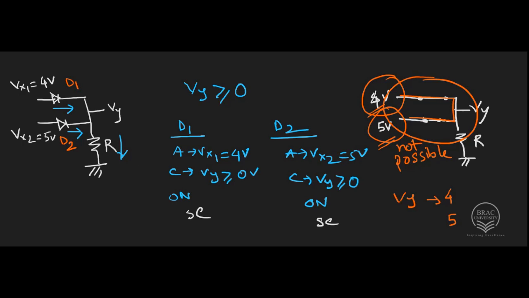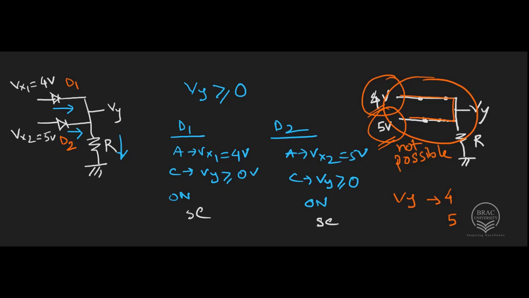Let's find out. As both of these diodes cannot be on together, because at that time Vy, 4 volt and 5 volt will have the same voltage, which is not really possible, the other 3 cases, that is D1 is on, D2 is off, or D1 is off, D2 is on, or both of these are off, one of these must be the case.